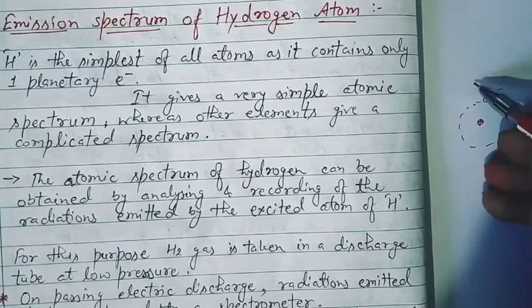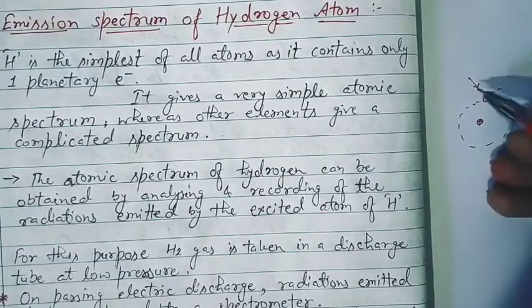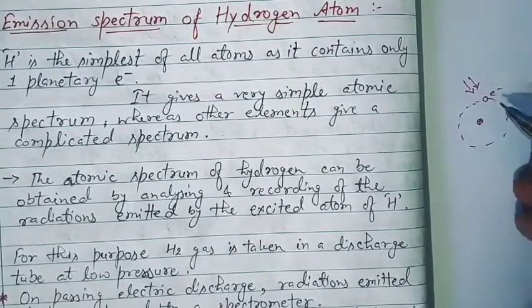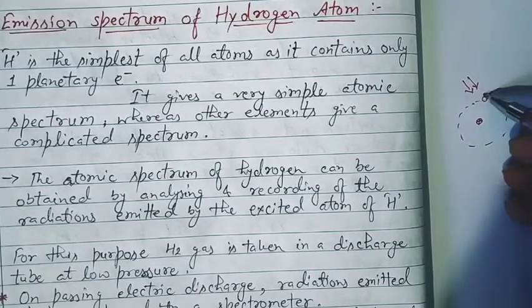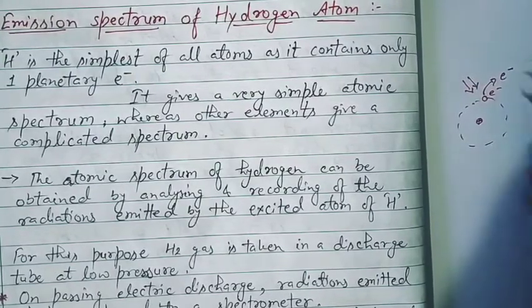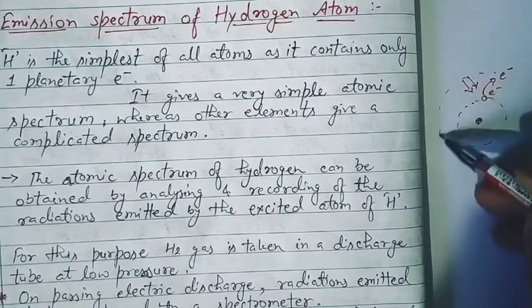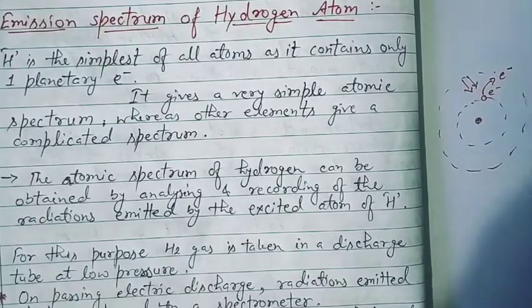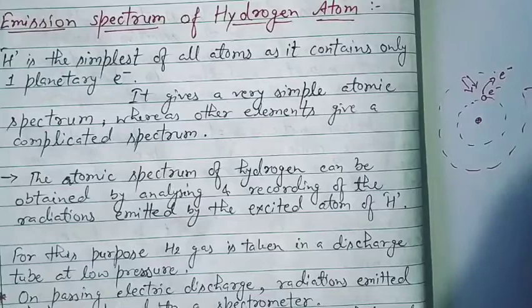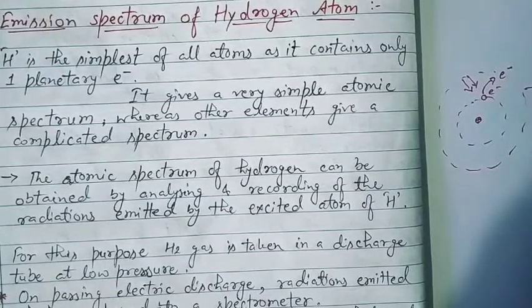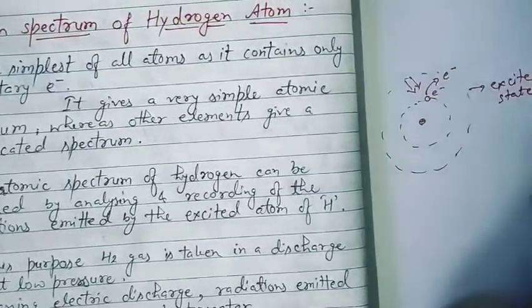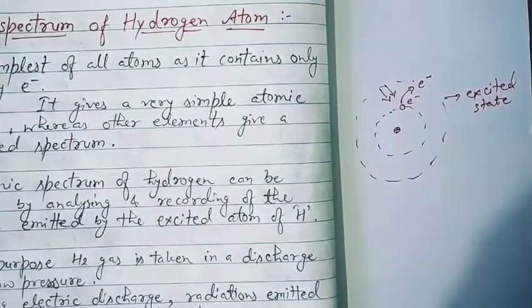If it gets some energy, like in the photoelectric effect you have seen, then this electron will go to a higher energy level. This is called the excited state.